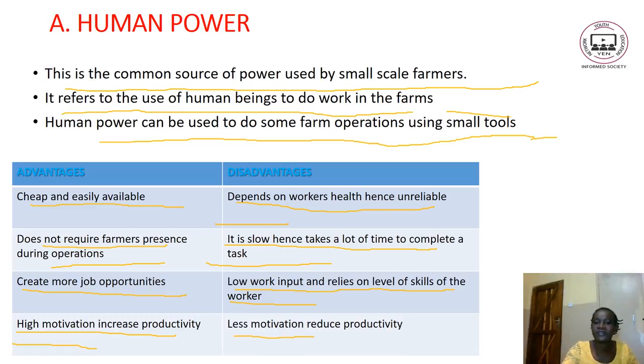And lastly, if there is less motivation, it will reduce productivity. There will be a decrease in terms of production in the farm if there is less motivation. So it is also another disadvantage of human power.